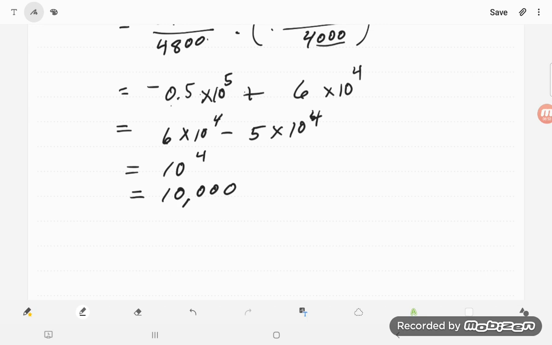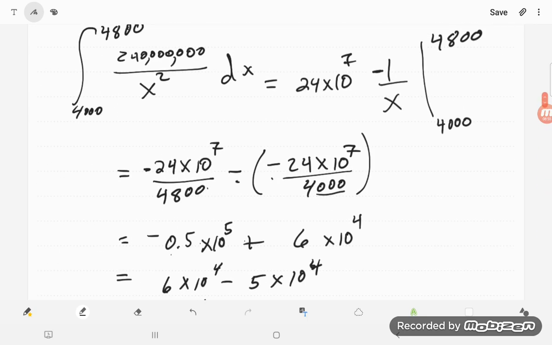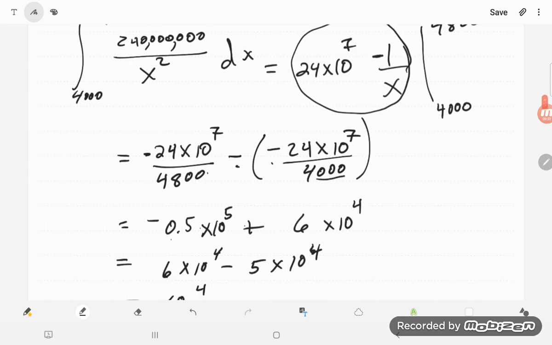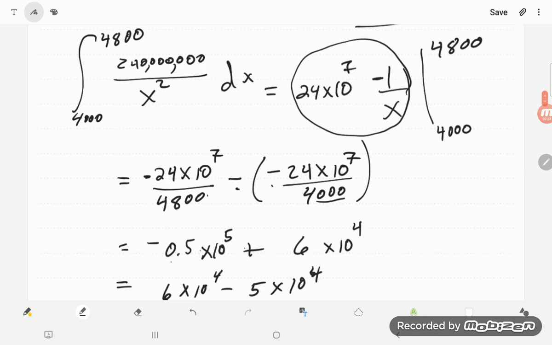I guess in the end, I know that the units of this whole thing are units of force. And they talked about metric tons, so a lot of this sounds like newtons.